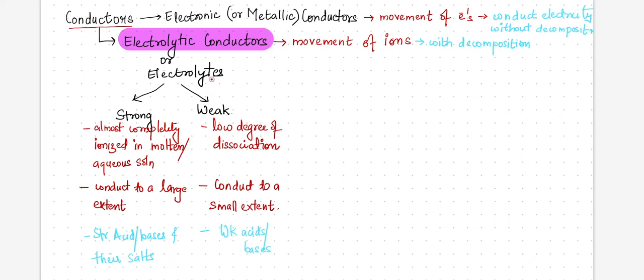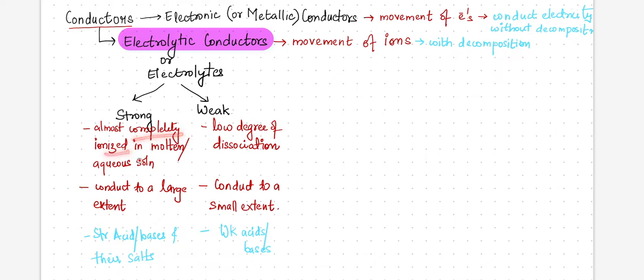Now, electrolytes or electrolytic conductors are basically of two types. One is the strong electrolytes, another is the weak electrolytes. Now what is a strong electrolyte? Strong electrolytes are those electrolytes which in their molten state or in their aqueous solution are almost completely ionized.